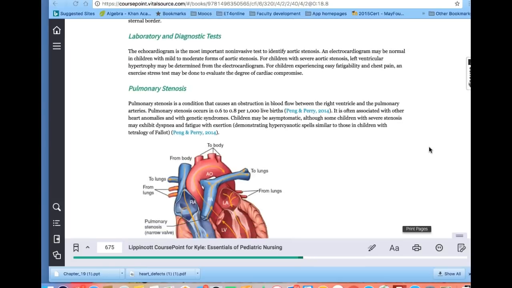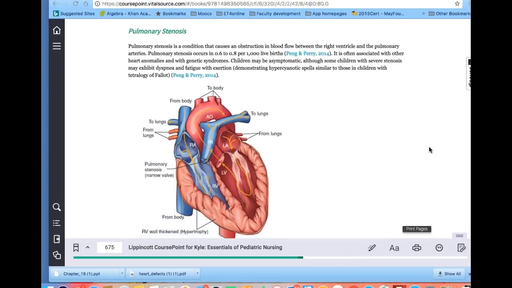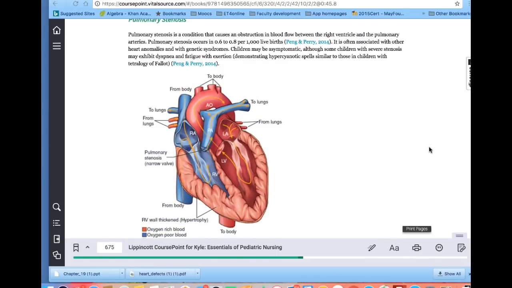All right, the next one we're going to talk about is pulmonary stenosis. And it is, the pulmonary valve is narrow, okay? So the restriction is from the right ventricle to the pulmonary artery. You might see signs and symptoms of mild heart failure. You're going to see some cyanosis.